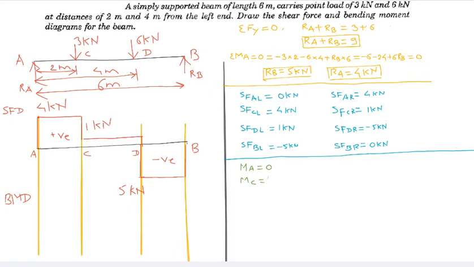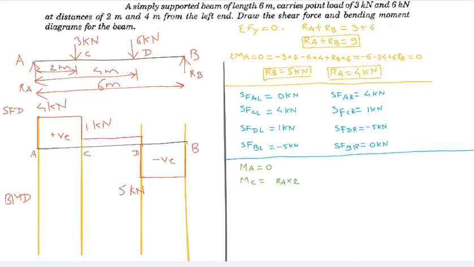So let us consider the force to the left of C, that is RA. RA multiplied by distance 2, and RA is going in upward direction, so its moment will also be positive.